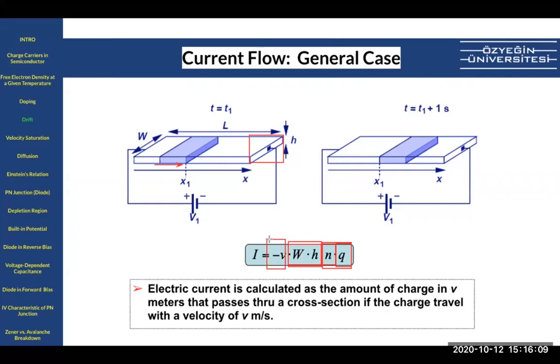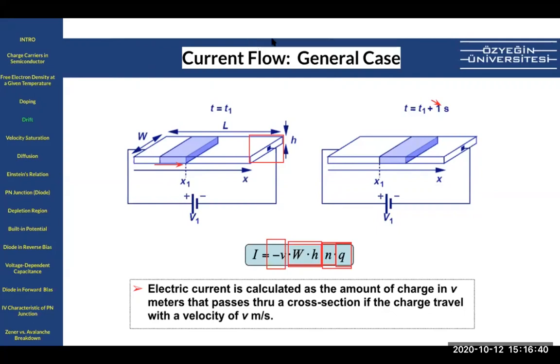We don't write the x dimension here, but instead we write the speed, because that is the derivative of the x dimension with respect to time. So we can write v, which means the x distance the charges took divided by how much time they took, in 1 second. That is called velocity.